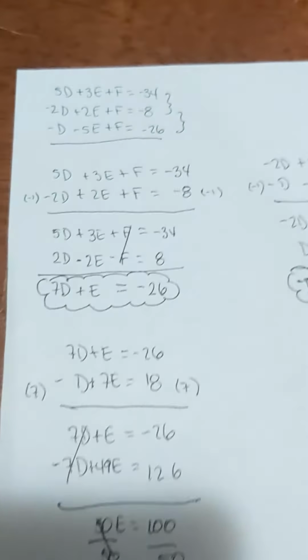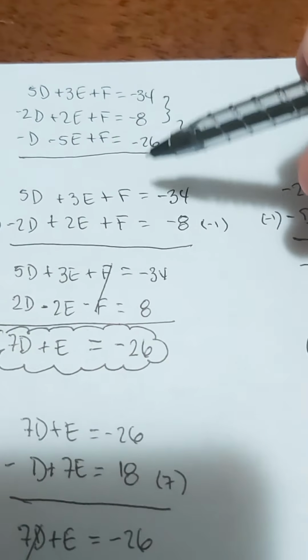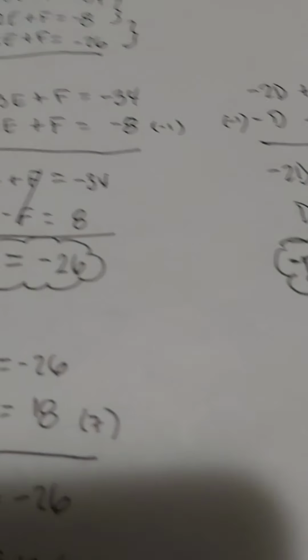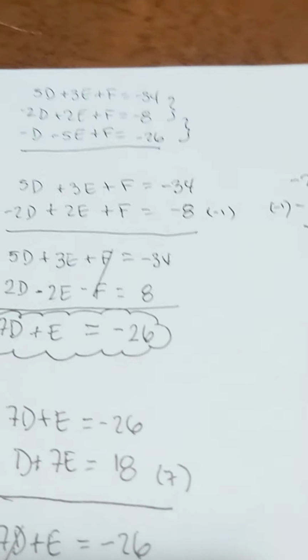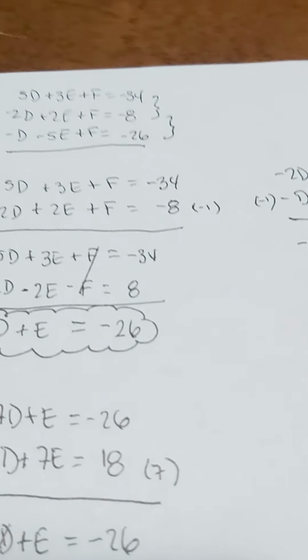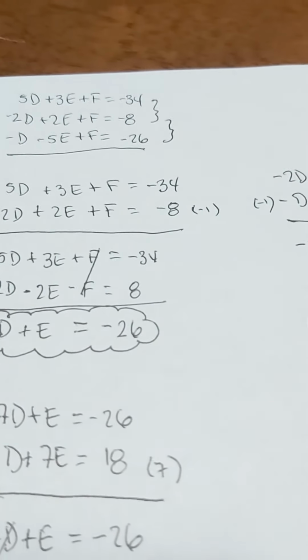So to find F, we're going to choose one of these three original equations. I'm going to choose the middle one. It doesn't matter which one you choose. Negative 2D plus 2E plus F equals negative 8. Now let's substitute.